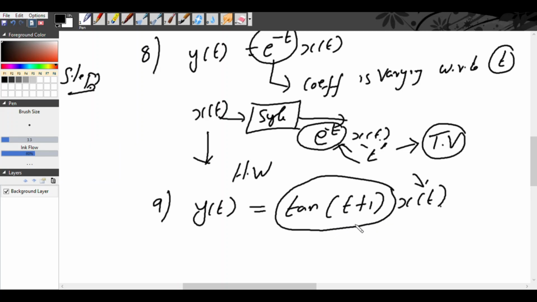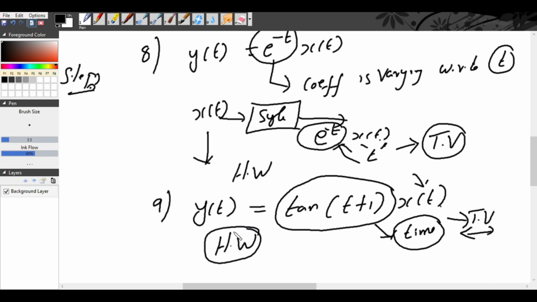And this coefficient depends upon a time factor. Since it depends upon the time factor, I can conclude that this particular system is a time variant system. I am giving it as homework. Please try to do it.